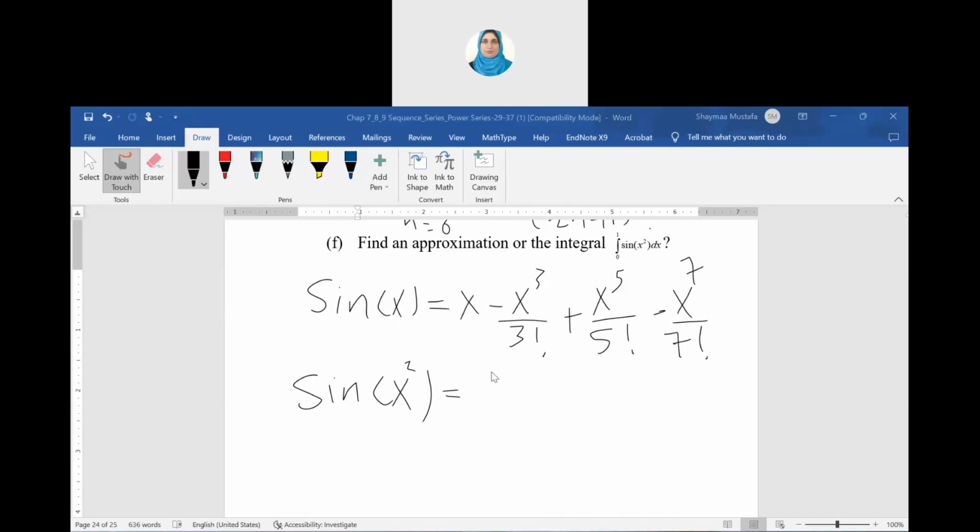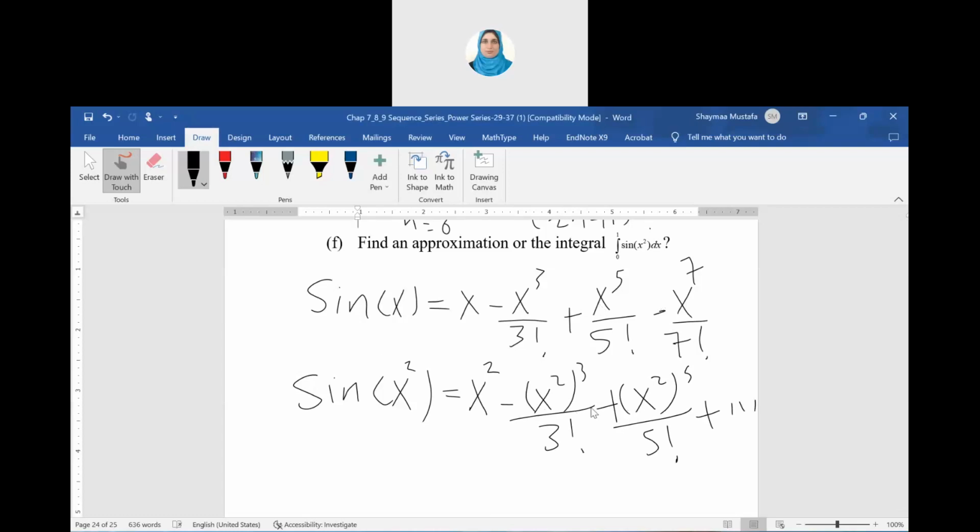We will replace each x by x squared, plus x squared to the power 5 over 5 factorial, and so on.